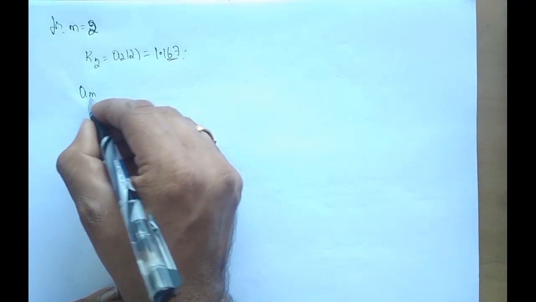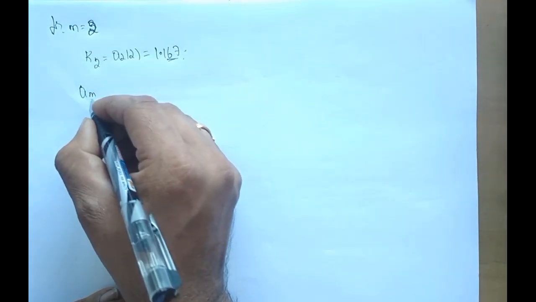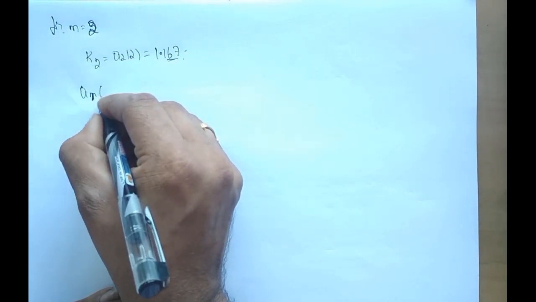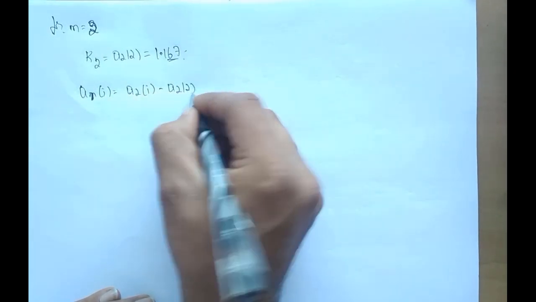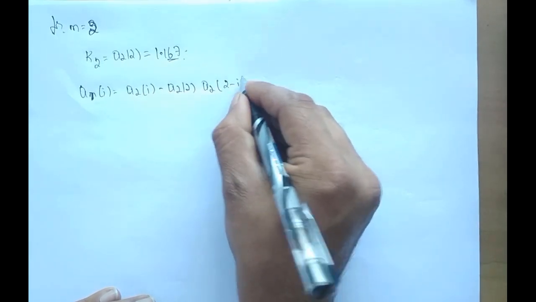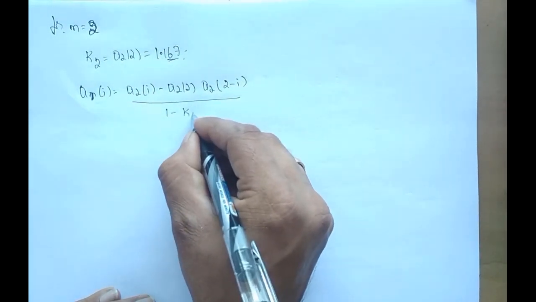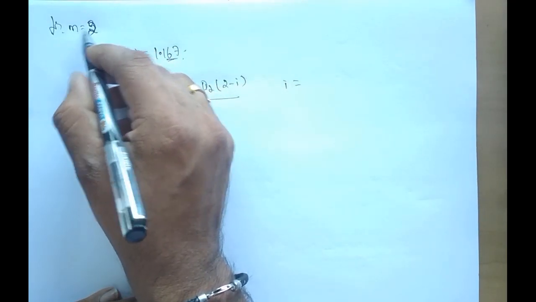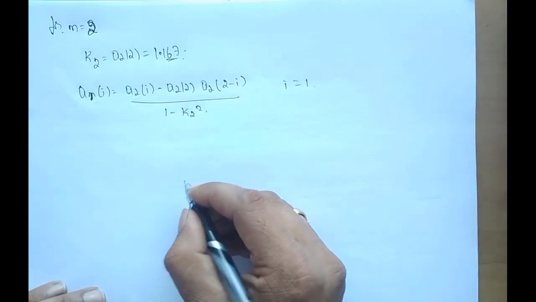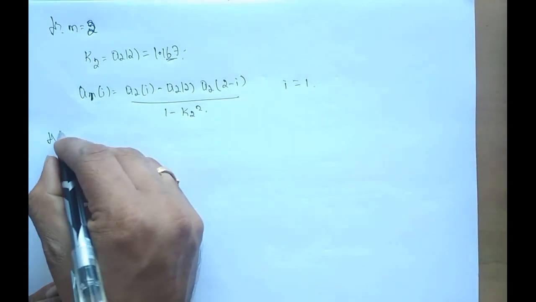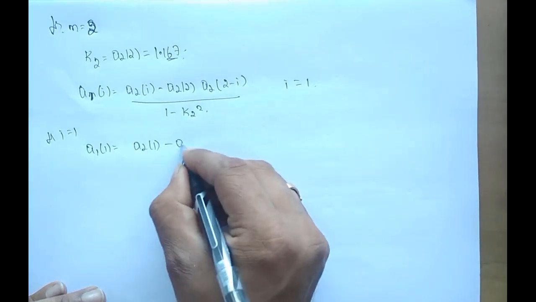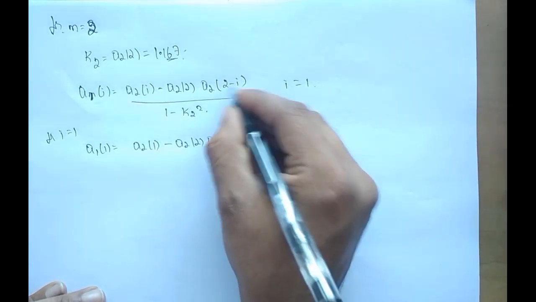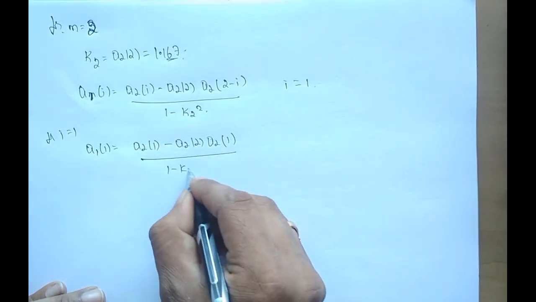Now m is 2, so 2 minus 1 is 1. a1 of i is equal to a2 of i minus a2 of 2 into a2 of 2 minus i, divided by 1 minus k2 square. Since i varies from 1 to m minus 1, so 2 minus 1 is 1, i takes only one value, which is 1. So what do I get? For i equal to 1, a1 of 1 is equal to a2 of 1 minus a2 of 2 into a2 of 2 minus 1, which is 1, divided by 1 minus k2 square.